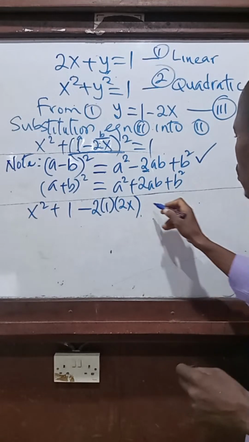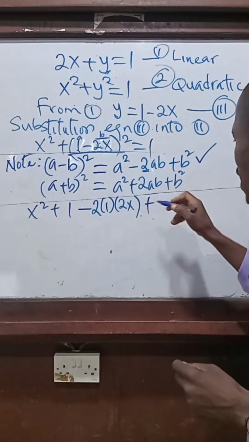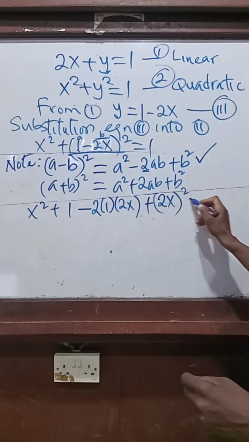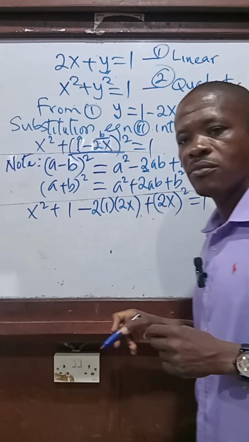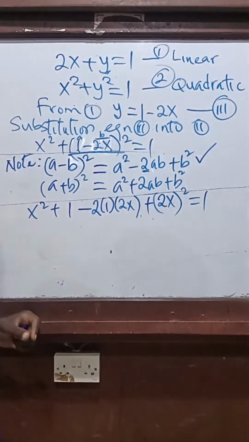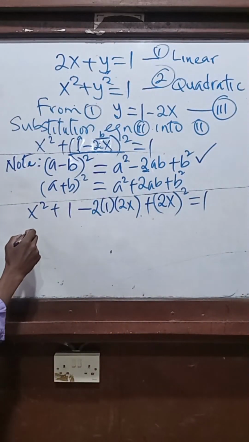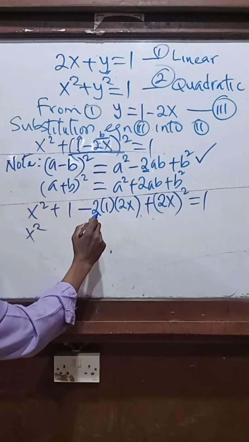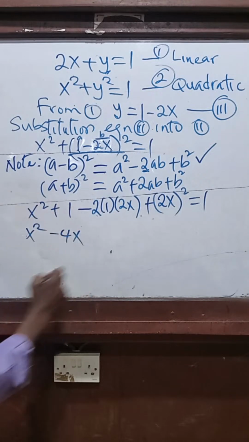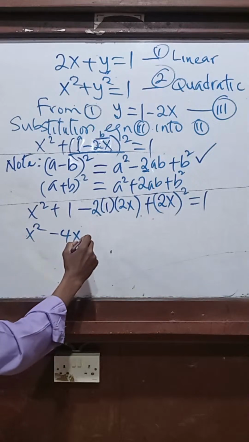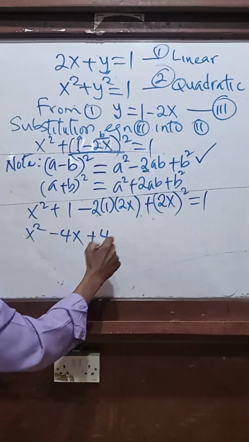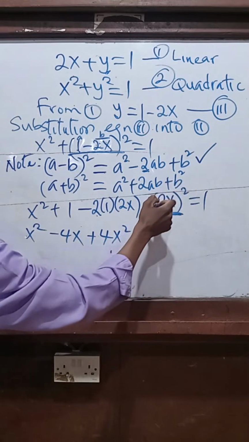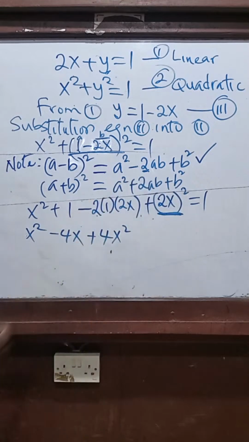The final one, plus b squared. b squared, that will be what? 2x squared equal to what? Equal to 1. Then we're going to have s squared, this one will be what? Minus 4x, and then plus 4x squared.